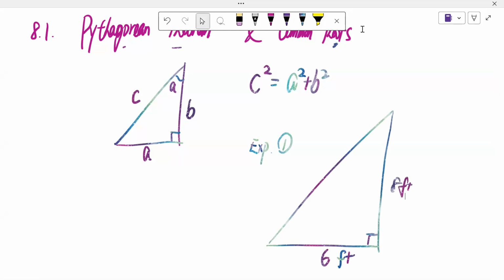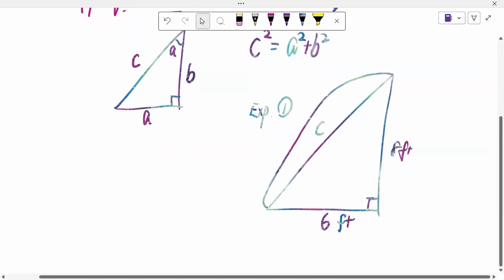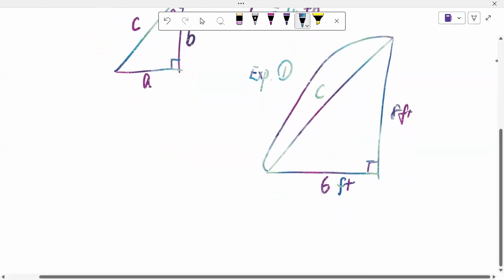Let's say this is a vertical building and you want to figure out the length of this side. You want to find out what C is here. If the base is 6 feet and the height is 8 feet, what would this be? The hypotenuse, opposite the angle alpha.